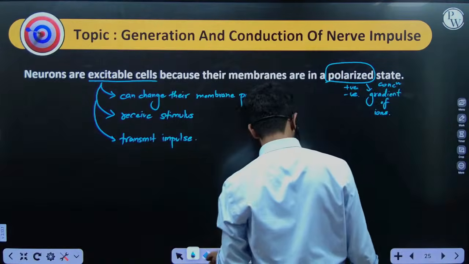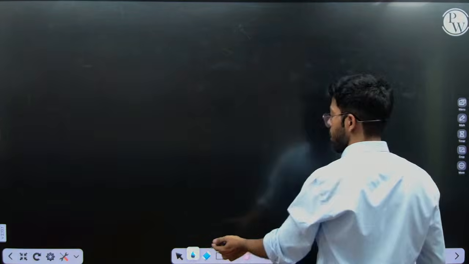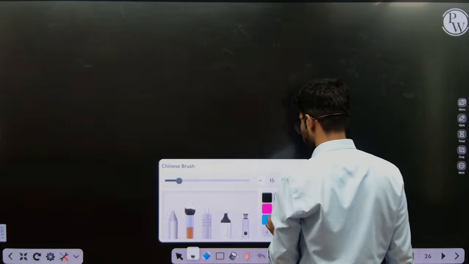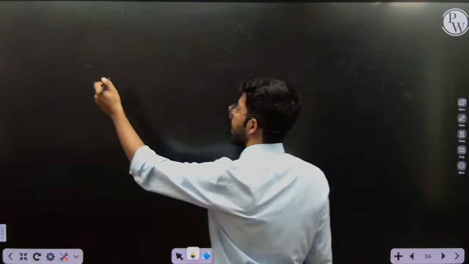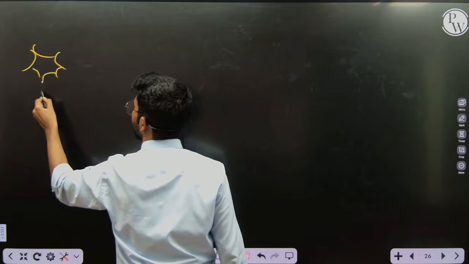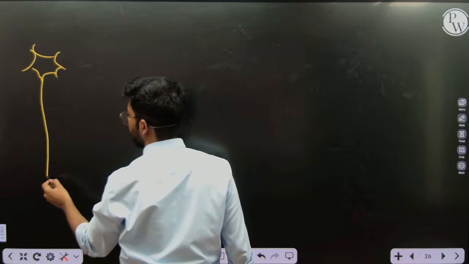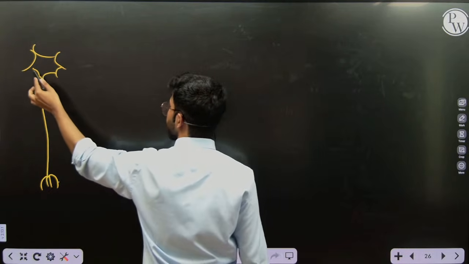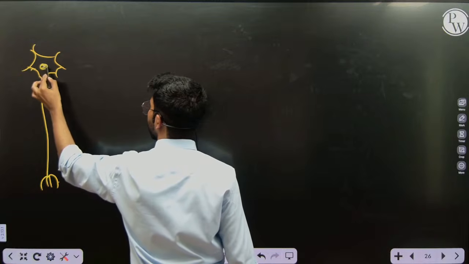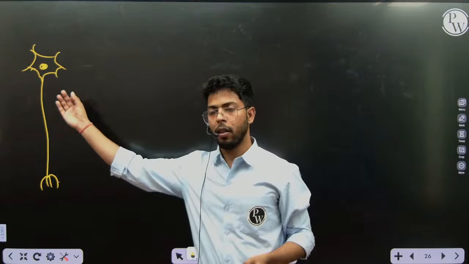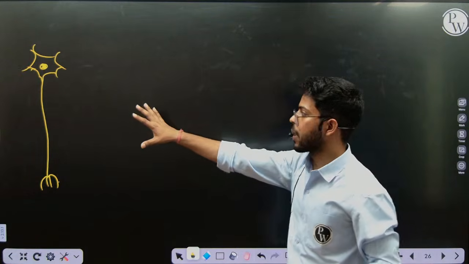So let's see. So this is the neuron, and it also consists of plasma membrane, cytoplasm, and nucleus, basic cell structure.